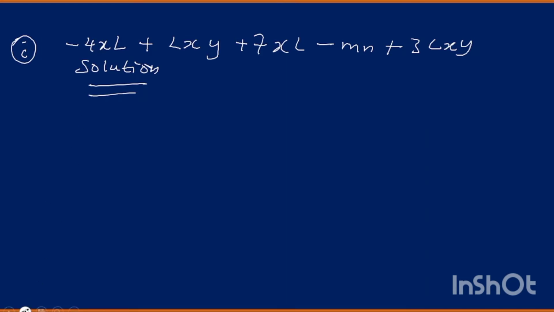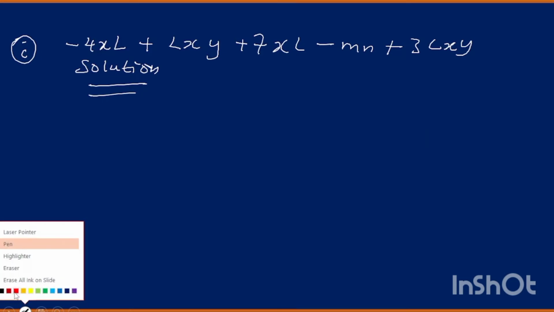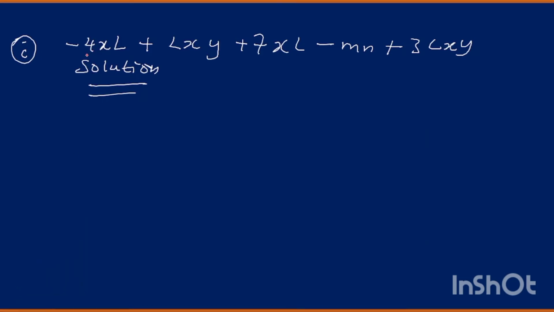So we have minus 4xl. If we collect like terms, what other term has xl? That is this term. This one has xl, but it also has y, so they are not alike. So we are going to collect those two, and if we do that, we have minus 4xl plus 7xl.